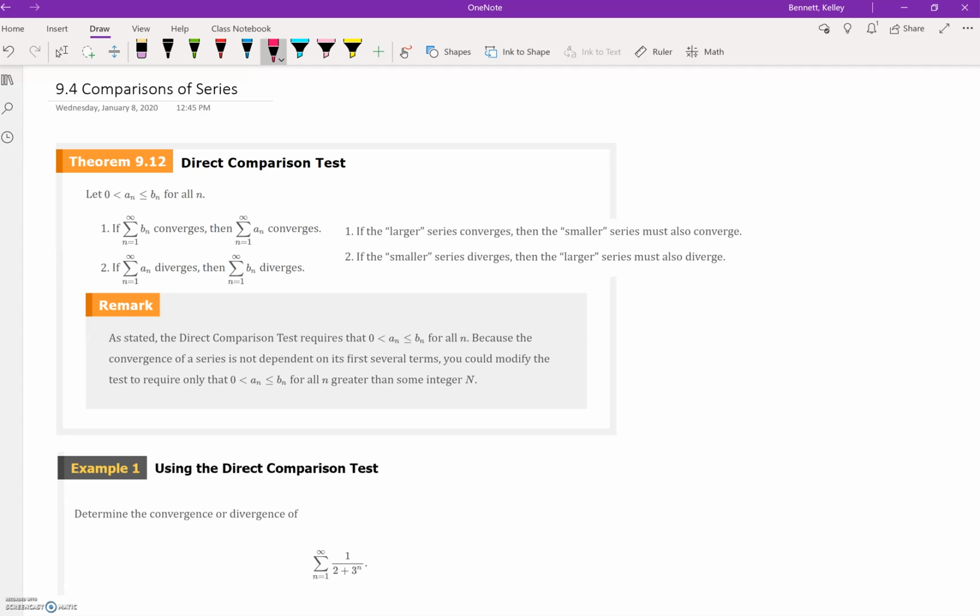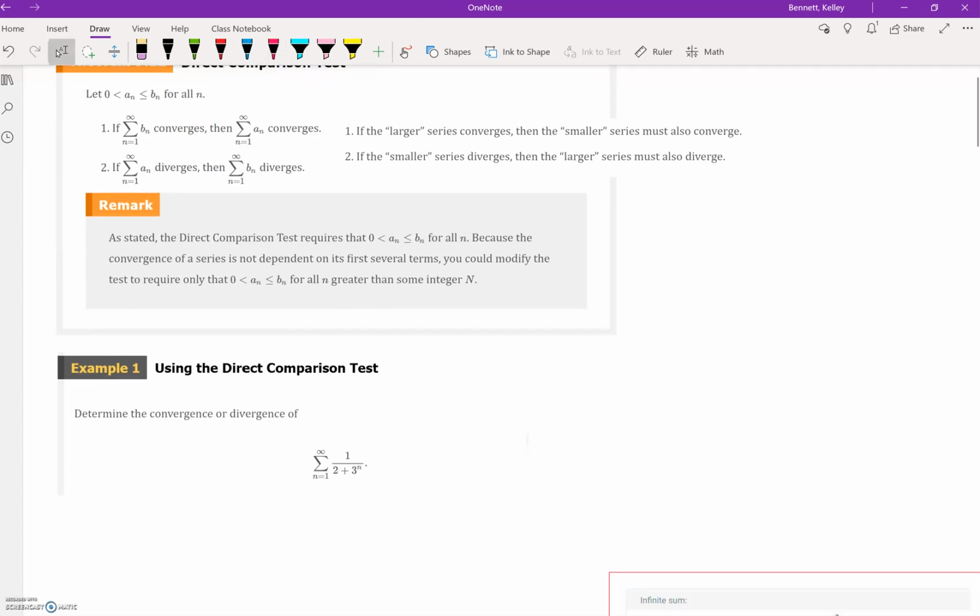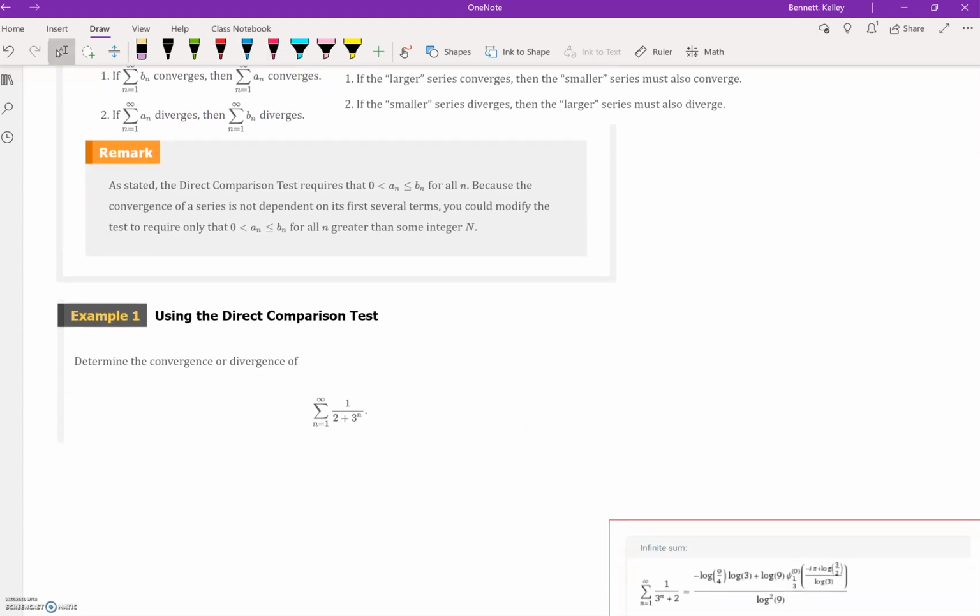So in example 1, we're looking at the sum of 1 over 2 plus 3 to the n.